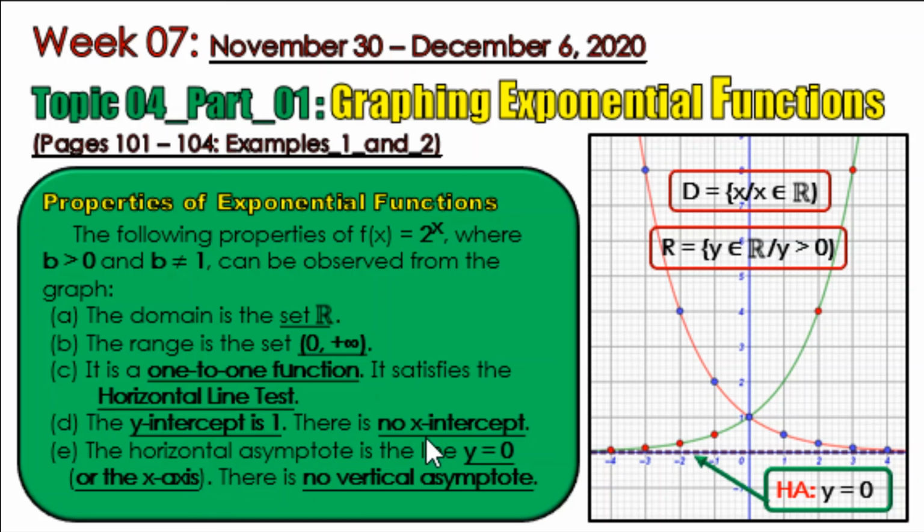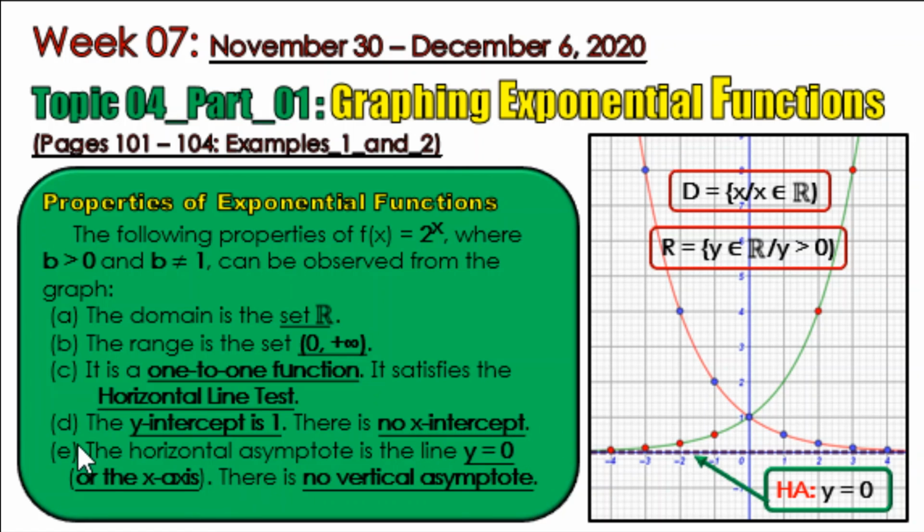Next, there is no x-intercept. Of course, this is your x-axis, and both of your graphs will never intersect your x-axis. So therefore it has no x-intercept. Again, the definition of x-intercept is the value of x when y is 0.